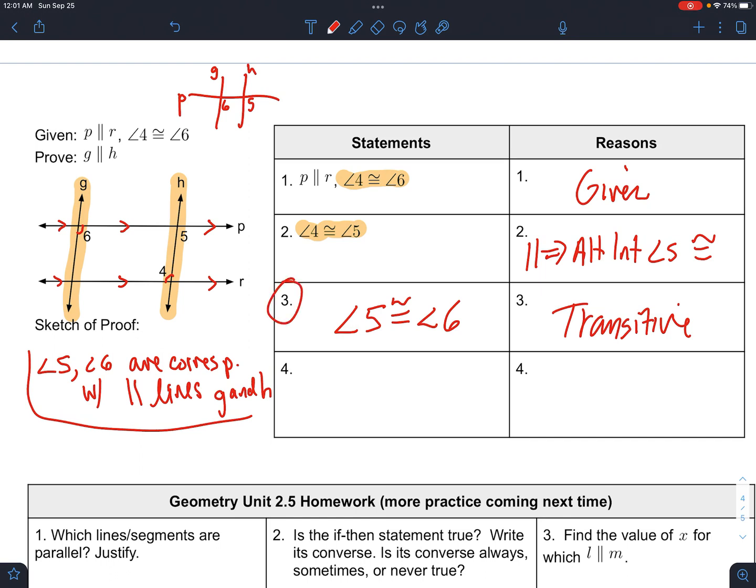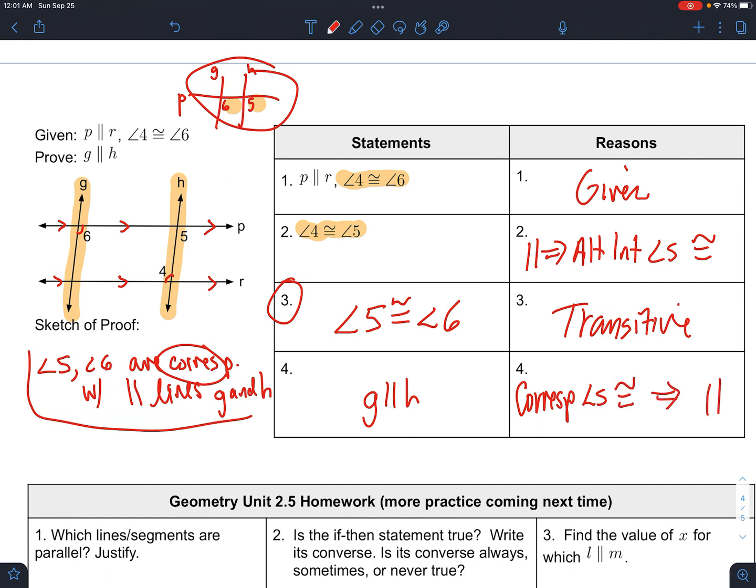So not only are they congruent by this statement, but they're also corresponding from what comes from our picture right here. These are corresponding angles. So that's a perfect way to say that G is parallel to H, is that the fact that you have corresponding angles congruent, that implies that you have parallel lines.